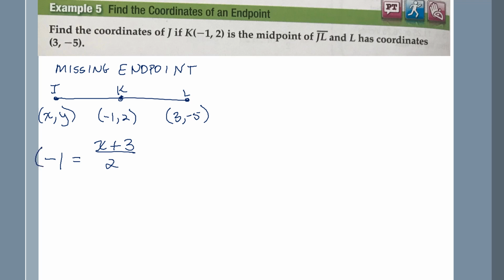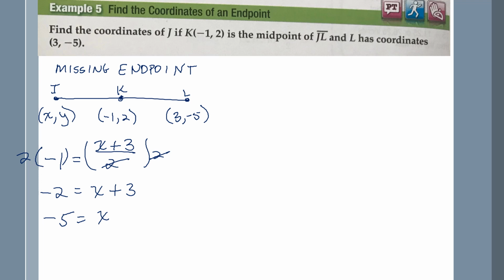So we're going to multiply each side of this equation by 2 so that we can get rid of this fraction. Negative 2 is equal to X plus 3. Subtract 3 from each side. Negative 5 is equal to X.